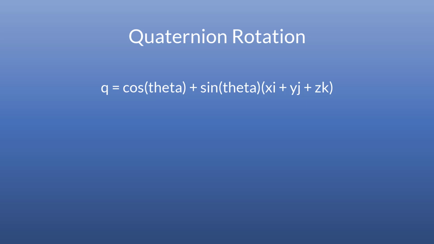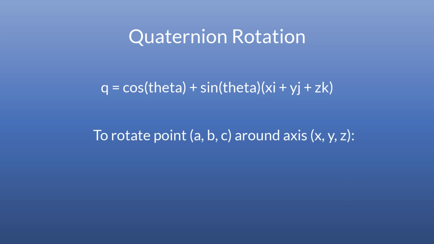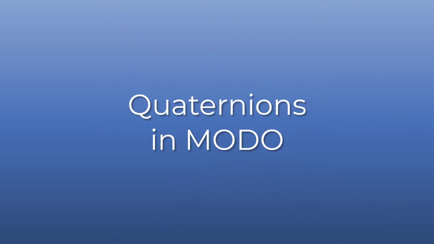To rotate a point ABC around an axis xyz with a Quaternion, you calculate Q times (iA plus jB plus kC) times Q star, where Q star is the conjugate of Q, that is the same Quaternion but with the imaginary parts negated.